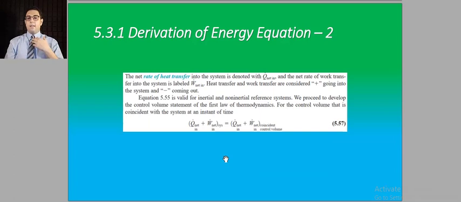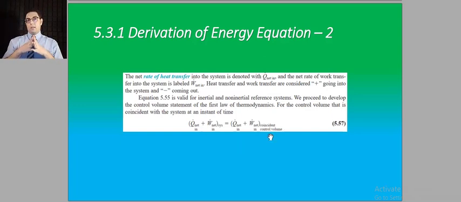Here we have the rate of heat transfer. Heat transfer exerted on a system is defined with a plus sign when it is increasing the heat on the system, and it is negative once we are removing heat out.